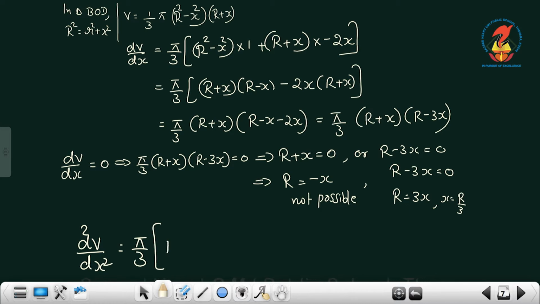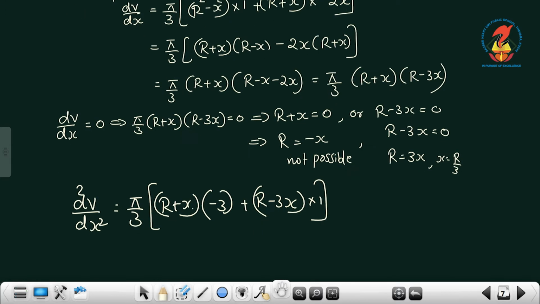Two factors, so product rule. First factor into derivative of second: R is 0, minus 3x is minus 3, plus second function into derivative of first: R is 0, x is 1. Is it positive or negative?